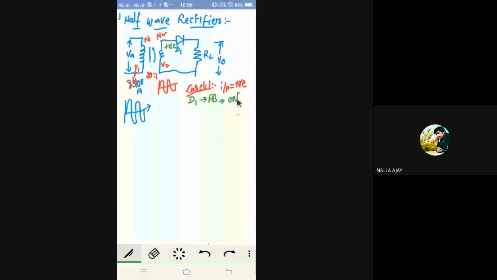So our circuit diagram becomes, here we have a step down transformer initially. After that, our diode is now acting like an on switch. Then here we have a load resistance RL.